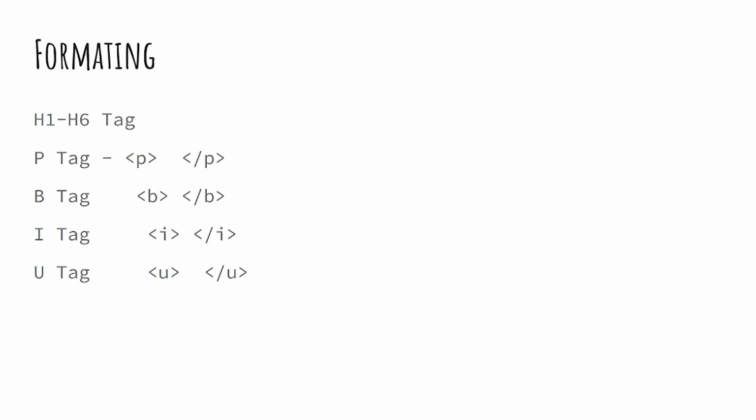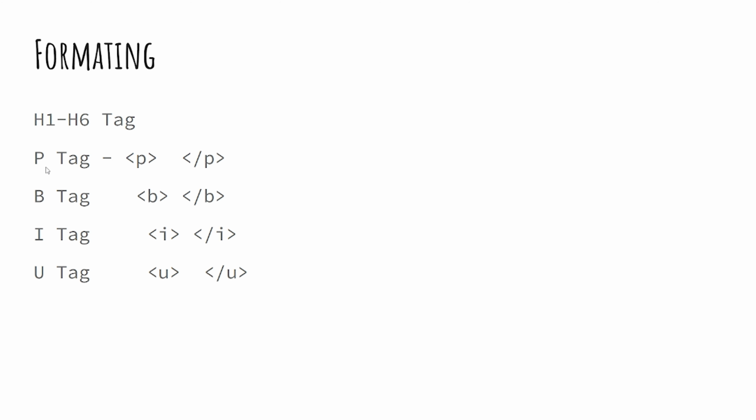H2 is smaller than H1, H3 is smaller than H2, H4 is smaller than H3, H5 is smaller than H4, and H6 is the smallest from H1 to H6. So we can use those tags to highlight the headings.